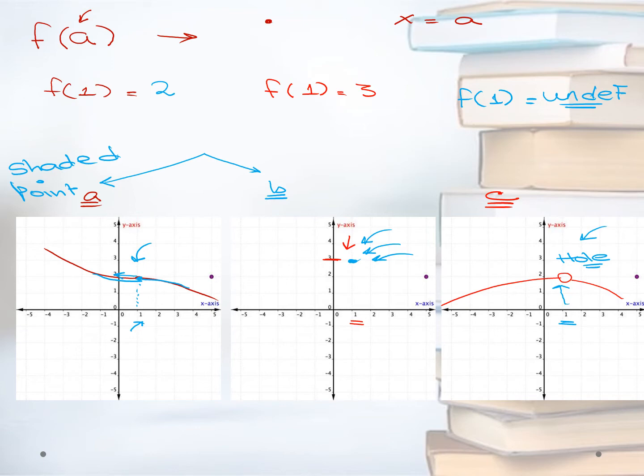You just read the shaded point at that specific x value, and that is your answer. This is the way we read functions at a certain point.